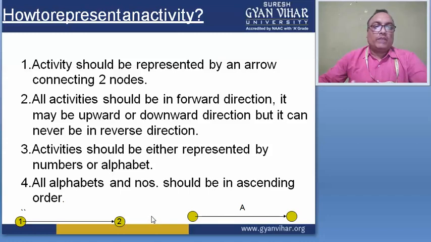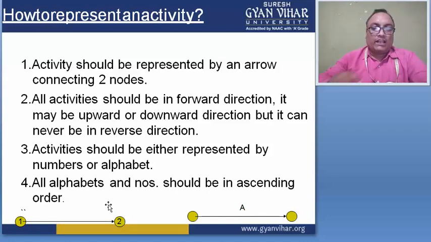It may be upward or downward, but it is never in the reverse direction. All activities go in the forward direction only. So if the starting point is here and the ending point is here, the activity must be a forward arrow, not a reverse arrow.